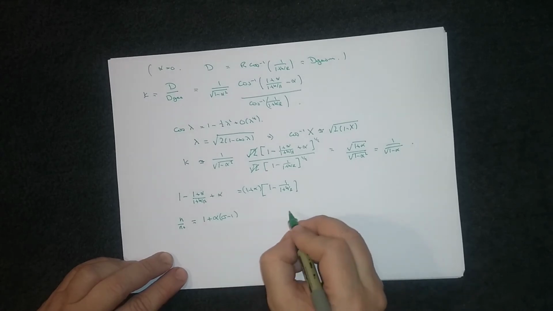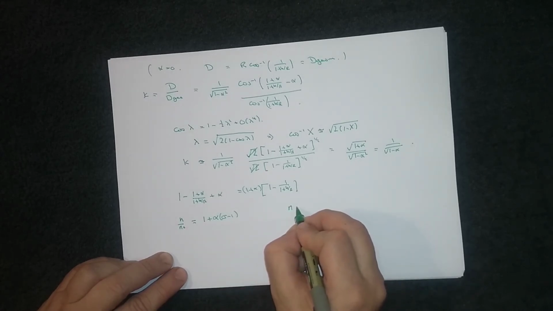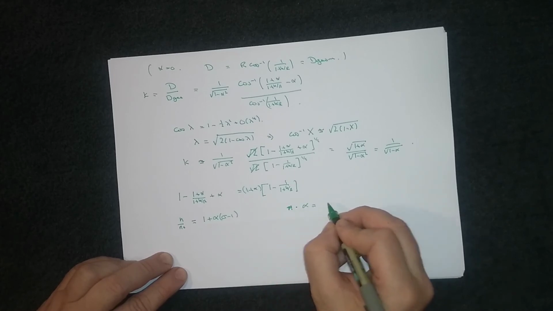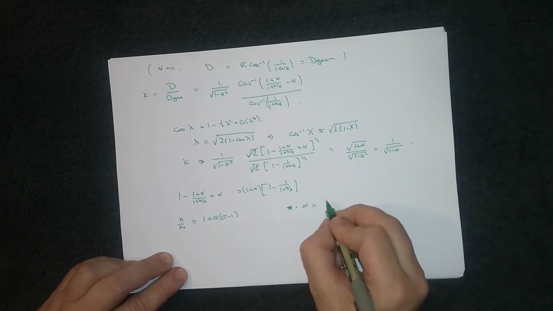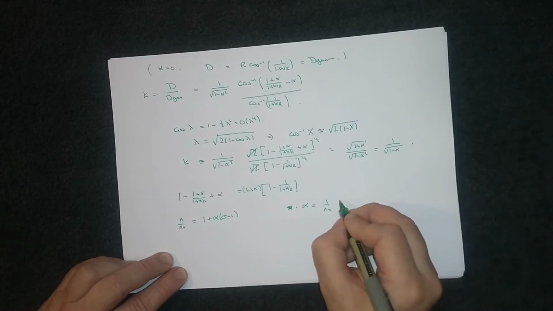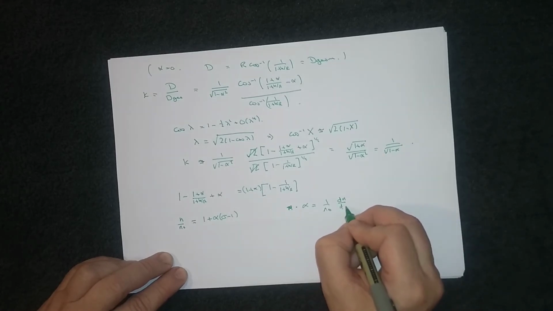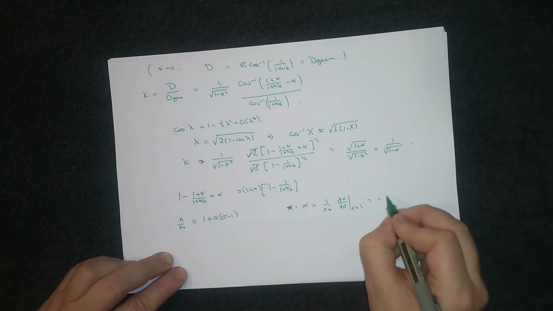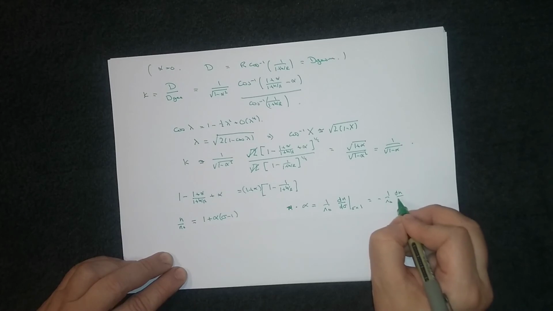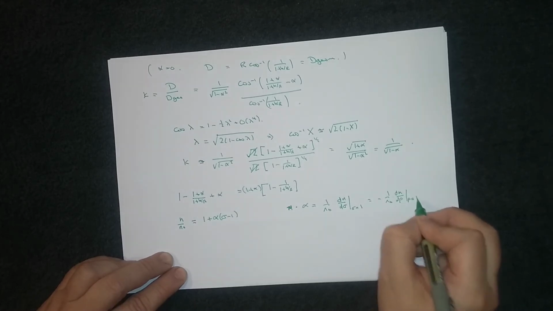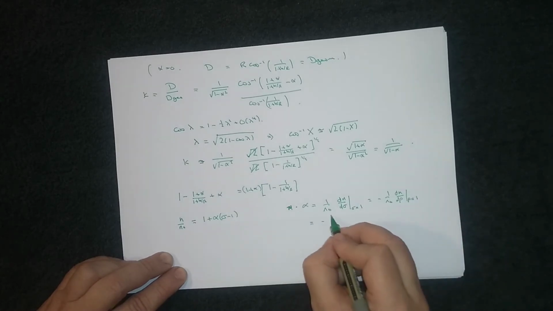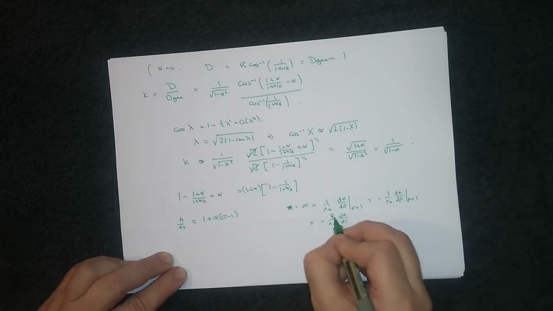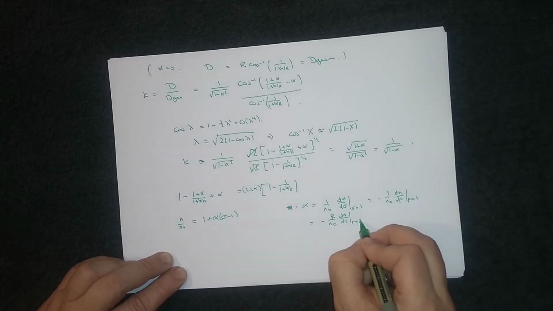So in other words, alpha is equal to 1 over n naught dn by d sigma at sigma equals 1, which is minus 1 over n naught dn by d rho at rho equals 1, which is minus 1 over n naught dn by dr times capital R at r equals R.